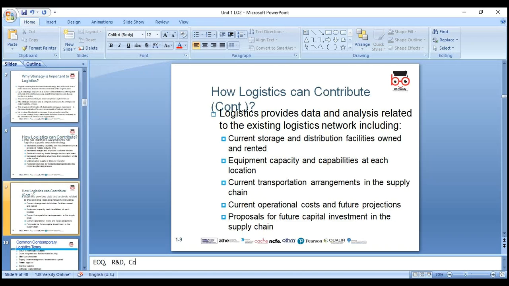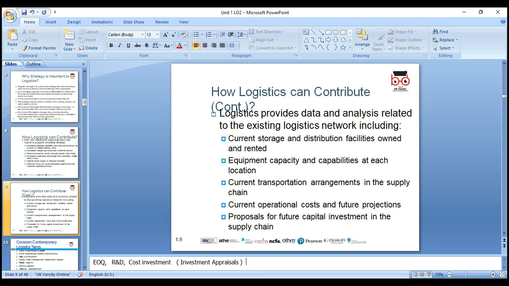Proposal for the future capital investment. What is a capital investment? Have we heard of it? One time, or maybe we heard about major investment, like when you are trying to go for expansion. Yes, you may have heard of investment appraisals.